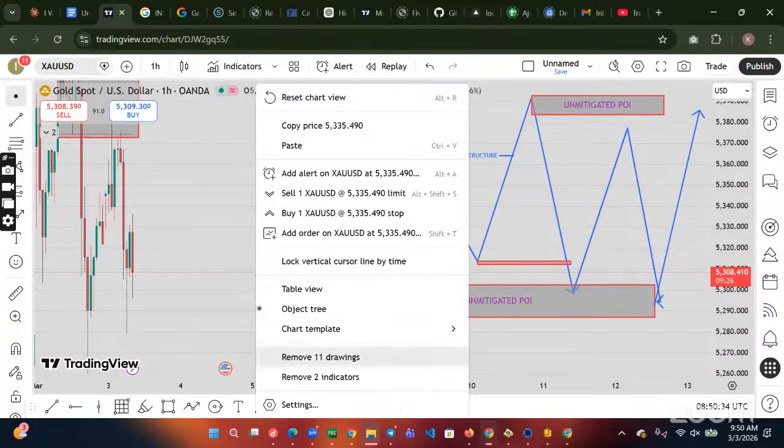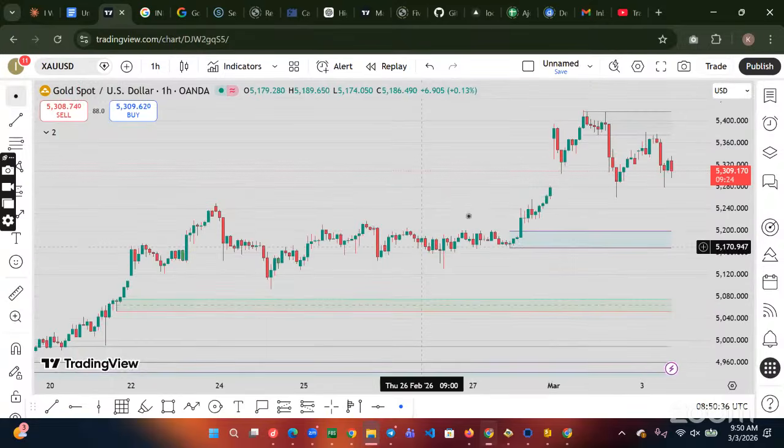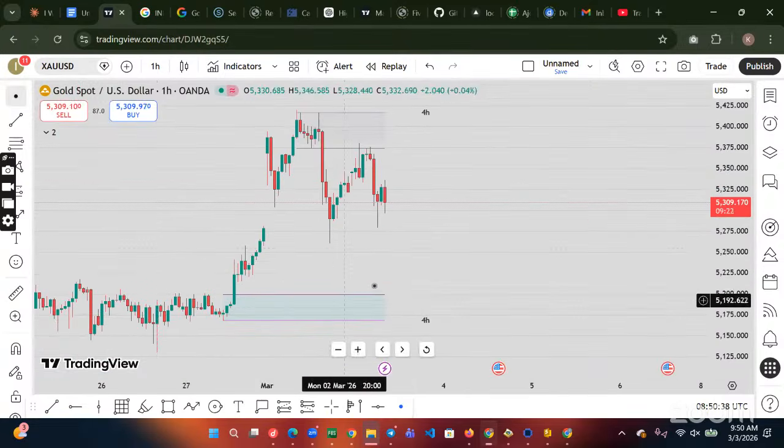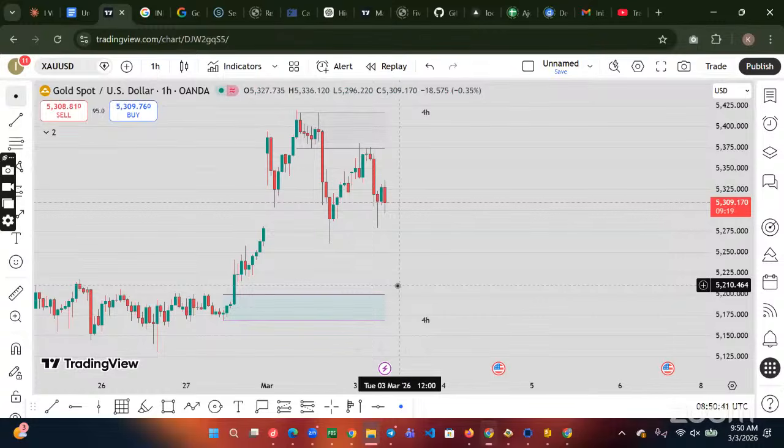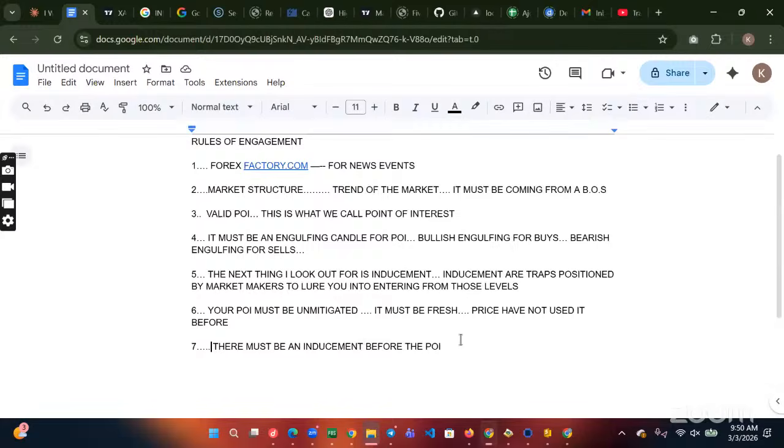Now, let's go to the main thing. So we have this fresh POI here. How do you even know if there is an inducement before your POI? You can use the concept of fractals.